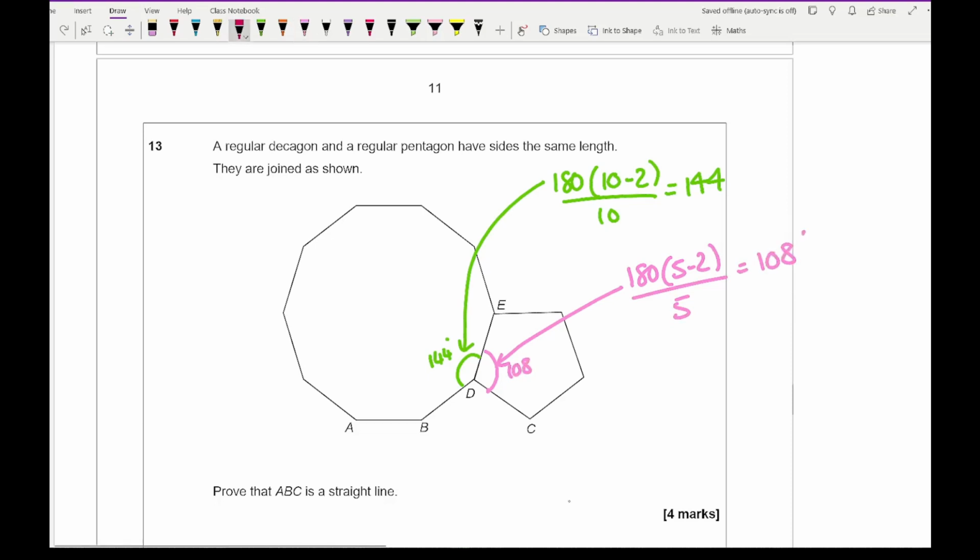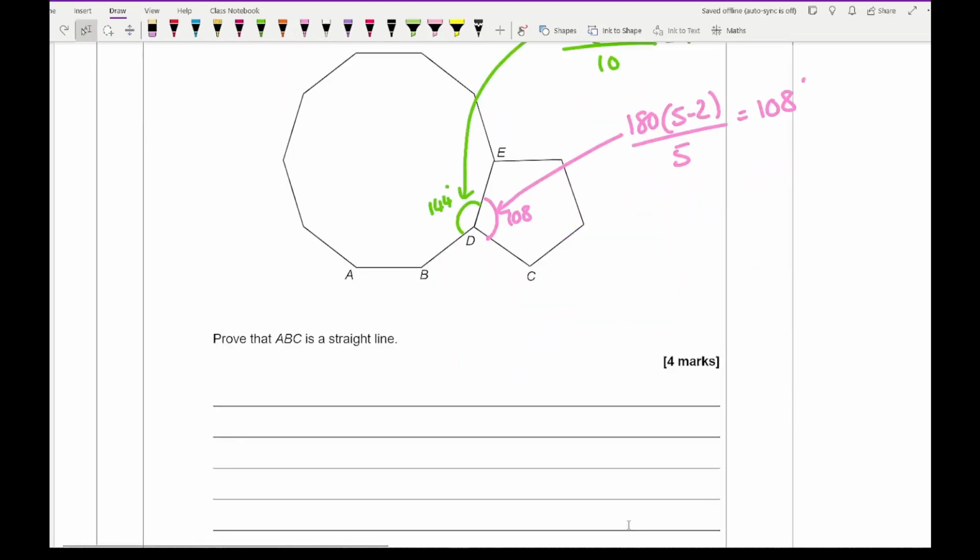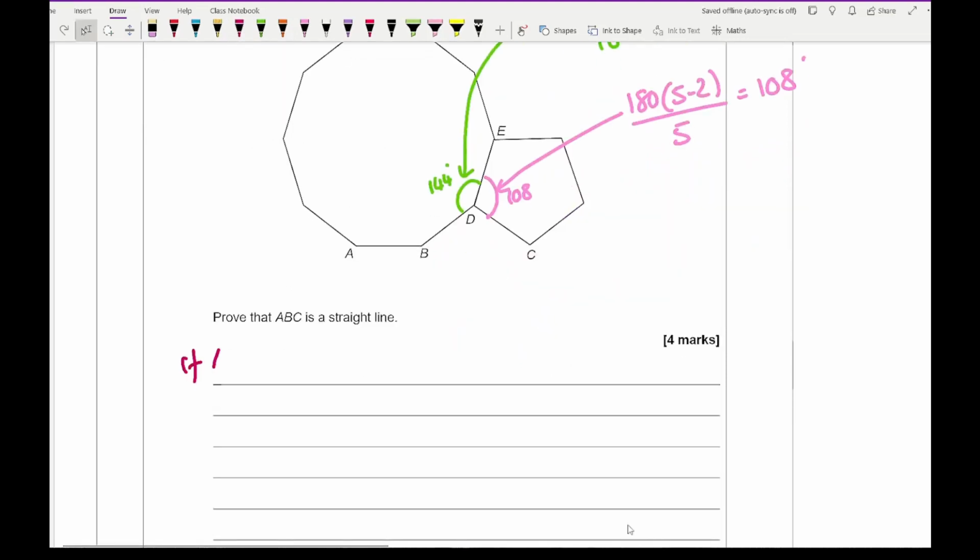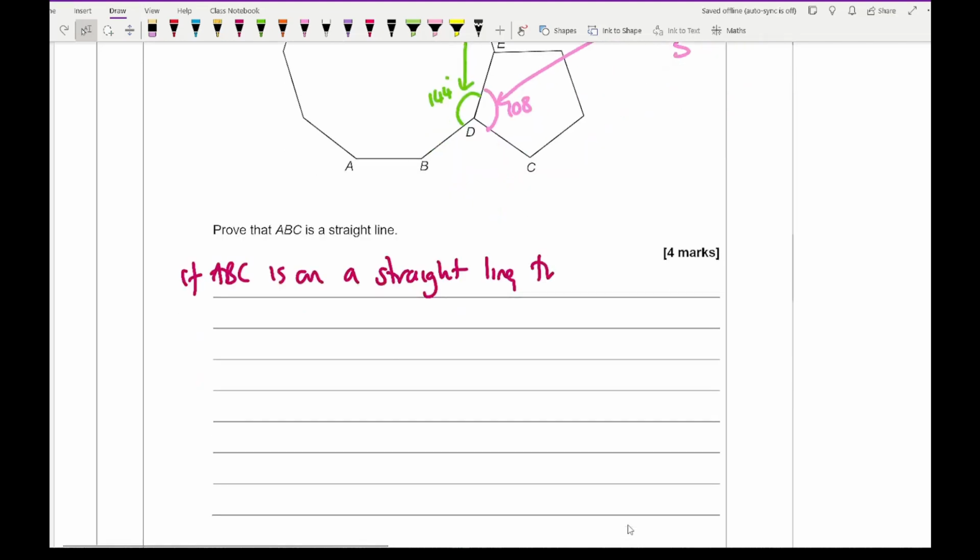Now, if ABC is on a straight line, then ABC equals 180 degrees. And ABC is equal to ABD plus DBC.